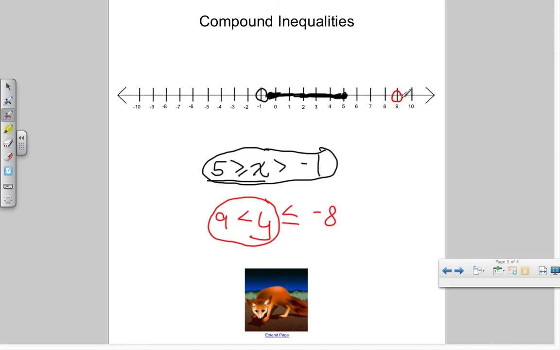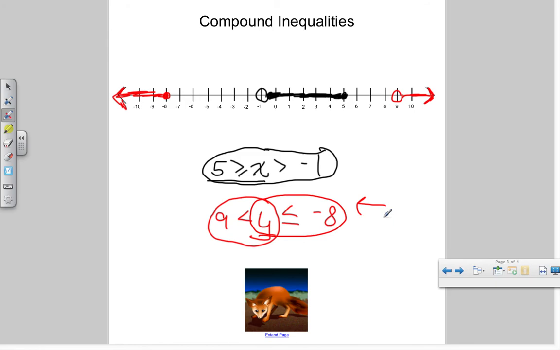It's an open circle, and y is bigger than it, so it goes this direction. Now I look at this part, y is less than or equal to negative 8. I find negative 8, it's going to be a filled in circle. And y is smaller than or equal to negative 8, so I move this way. So the red shows this compound inequality.